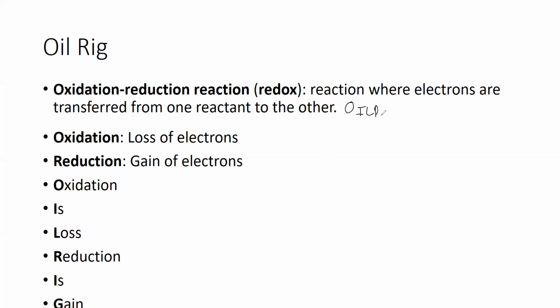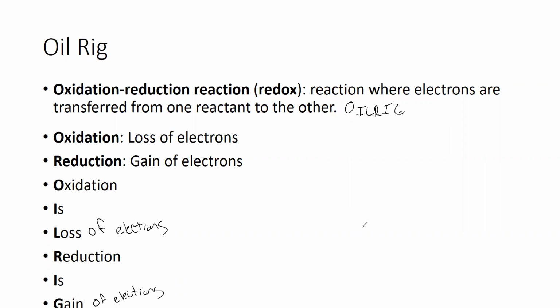This is a phrase that will help us remember the oxidation reduction rules, where oxidation is loss of electrons and reduction is gain of electrons. So oxidation is loss, reduction is gain. And when we say loss, gain, we're talking about electrons.